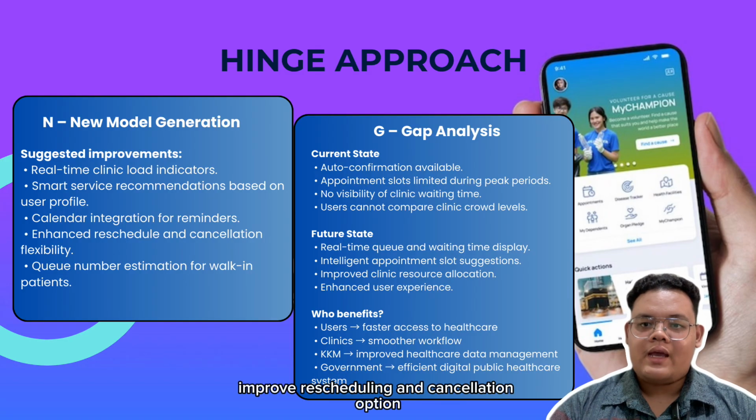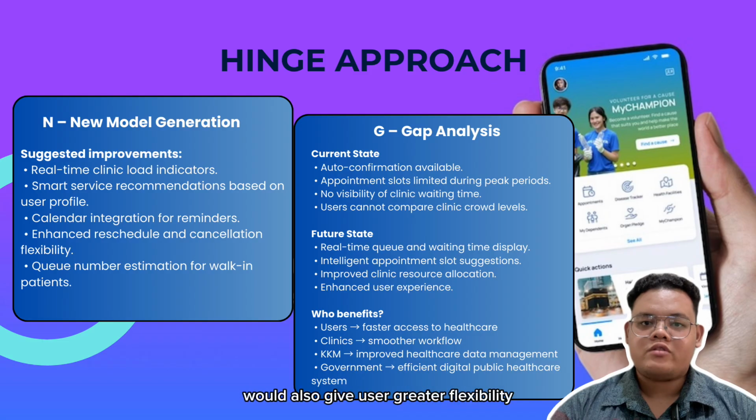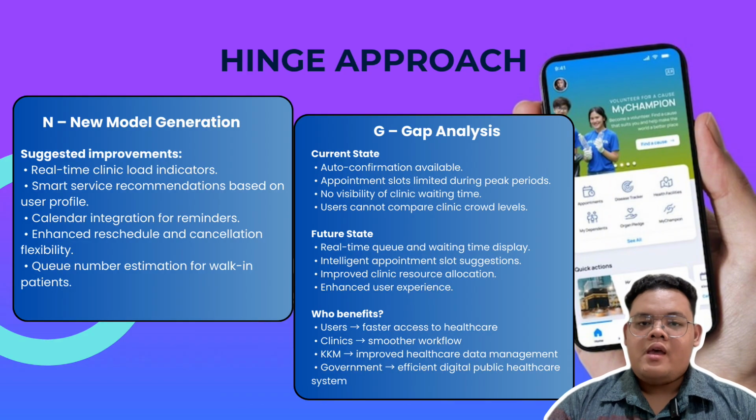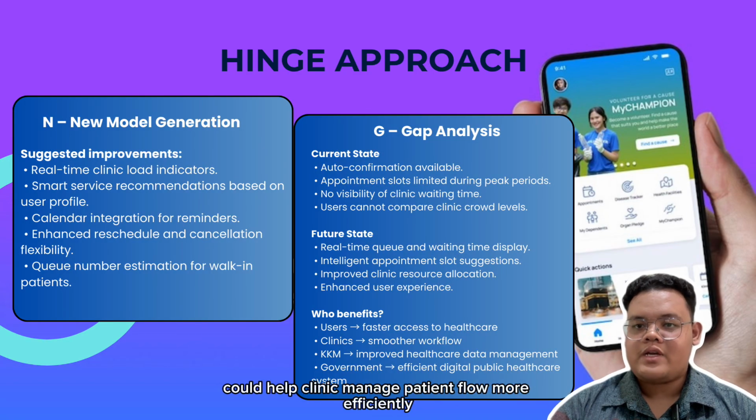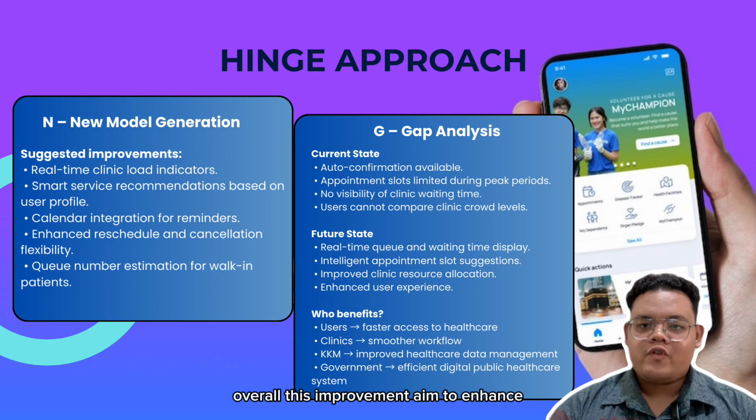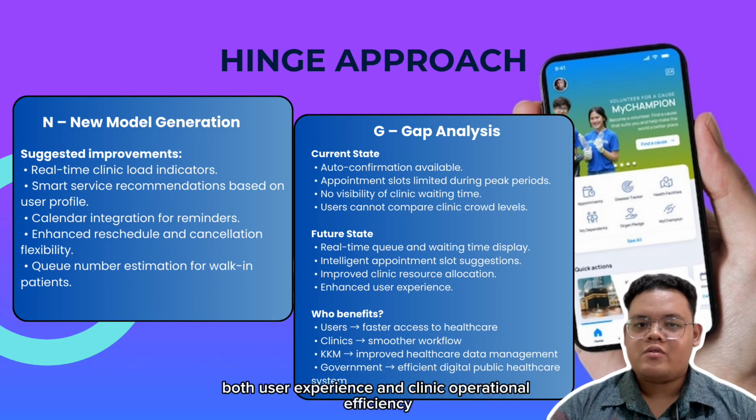Improved rescheduling and cancellation option will also give user greater flexibility, especially when unexpected changes occur. In addition, a queue number estimation feature for walk-in patient could help clinic manage patient flow more efficiently. Overall, this improvement aims to enhance both user experience and clinic operational efficiency while supporting a smoother healthcare process.